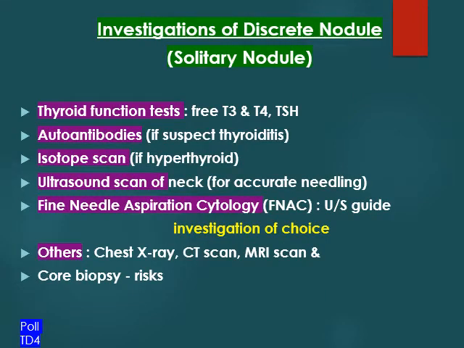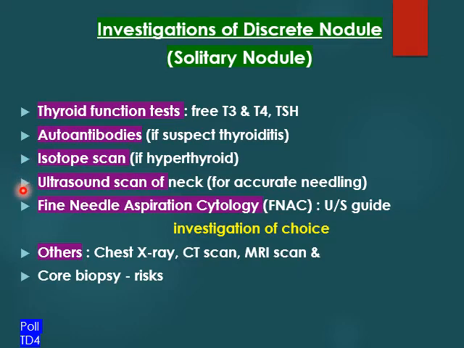What are the investigations you should do for thyroid nodules, especially a solitary nodule? The usual tests are thyroid function tests: free T3, T4 and TSH. If you suspect autoimmune thyroiditis, then you do autoantibodies. Radioisotope scan, especially if there is hyperthyroidism.